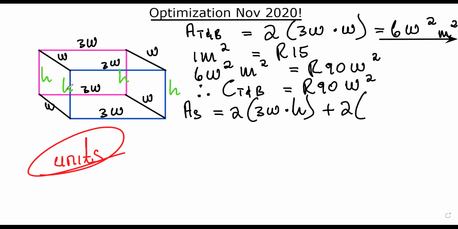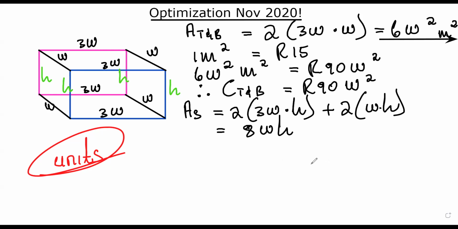If we consider one, then the area of one side is the width times the height. So this means the area for the sides will be 2 times 3, which is 6. And 6 plus 2 is 8. So this is the area for the sides.